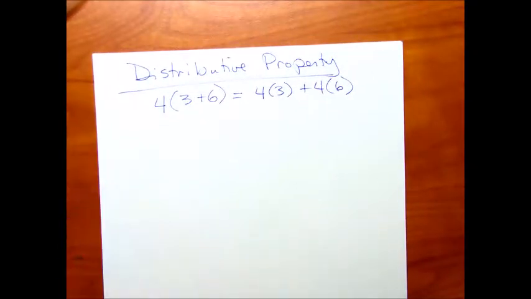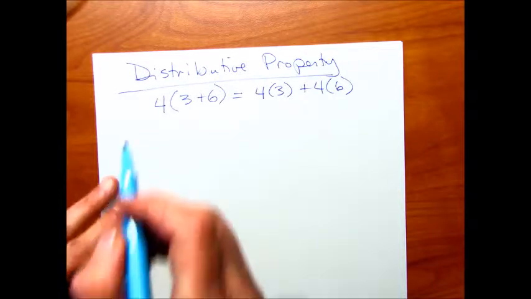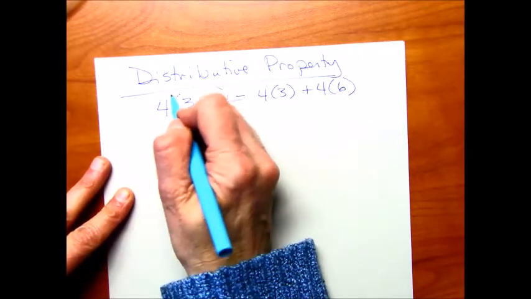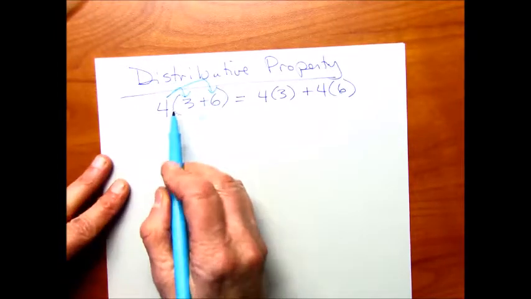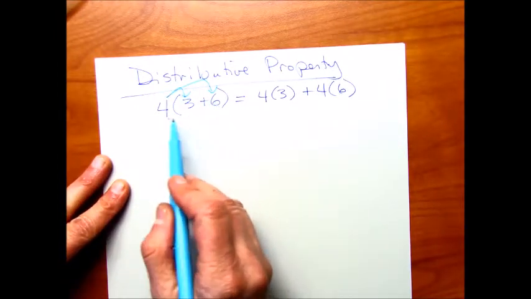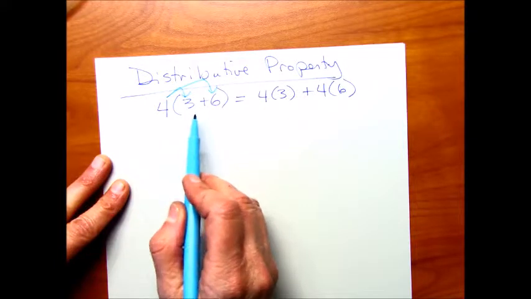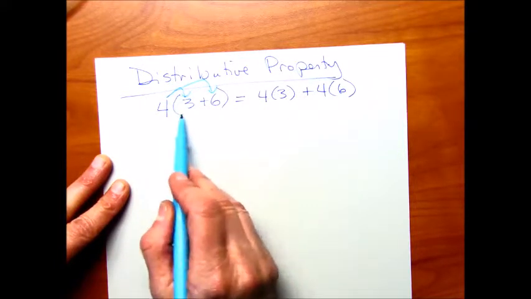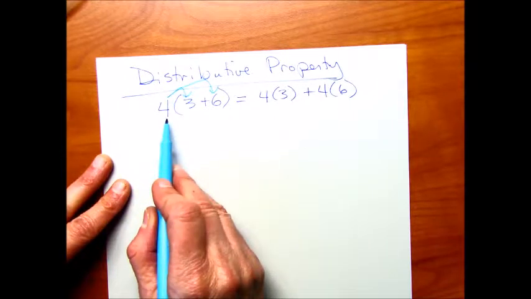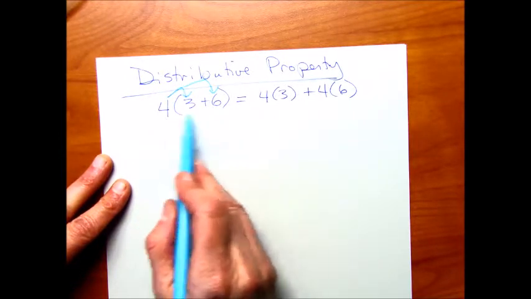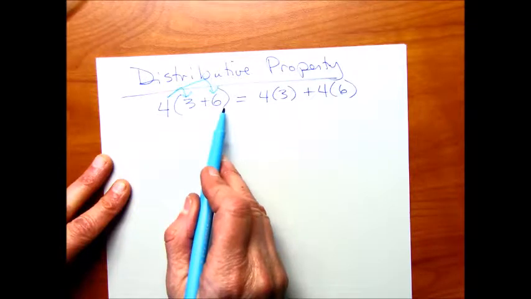And so what we've essentially done here is we've taken this 4, or this factor, and we've multiplied it to each part within the grouping symbols. And the nice thing about this property is that if you have an expression with parentheses, you can use distributive property to get rid of those parentheses or those grouping symbols.